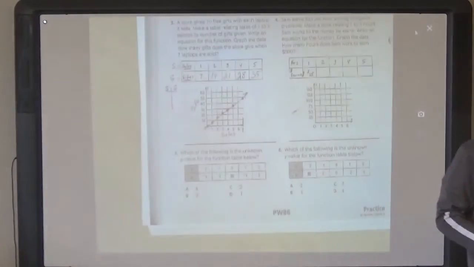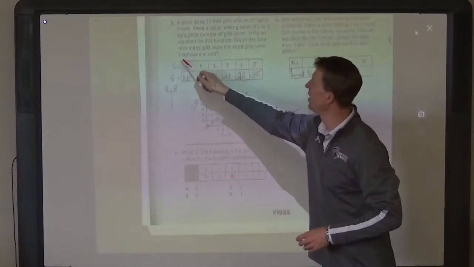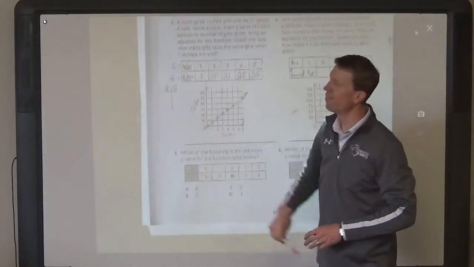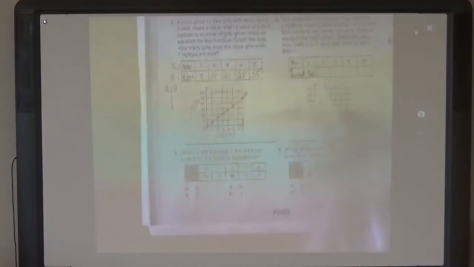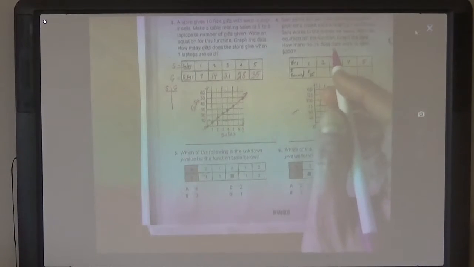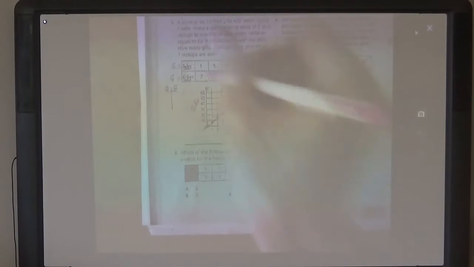Kathy? Maybe I'm just missing something, but I can't figure out where the 7 comes from. Because the store just gives 10 free gifts. Oh, 10 gifts. I'm sorry, I looked at the 7 and thought of 7. Yep. So this number is wrong.